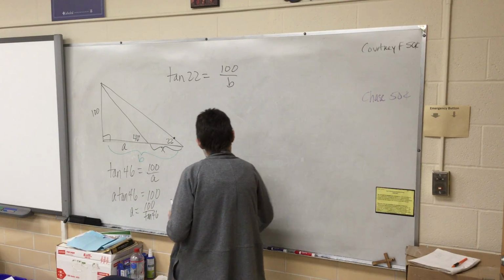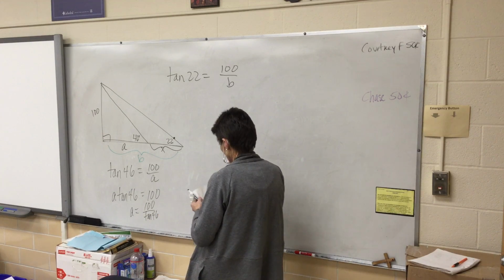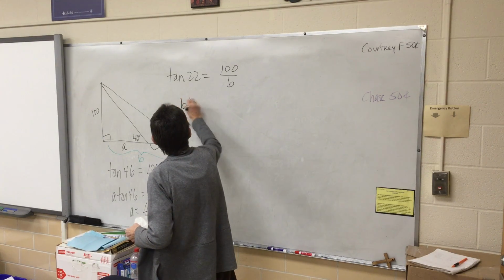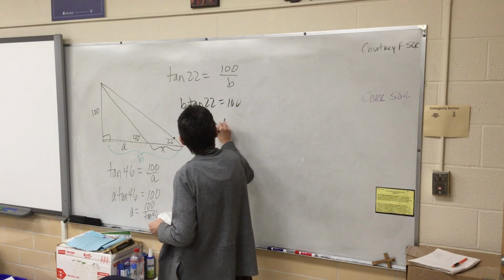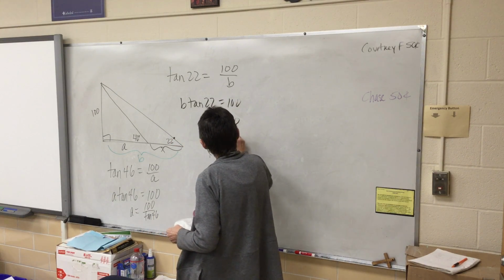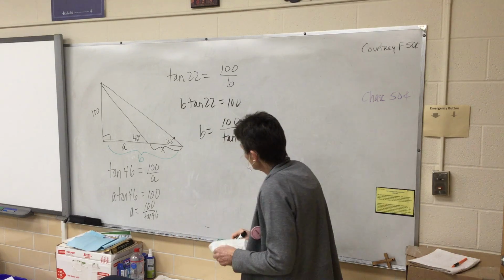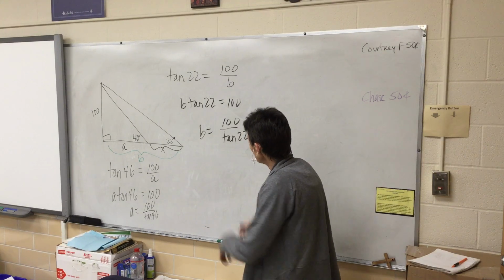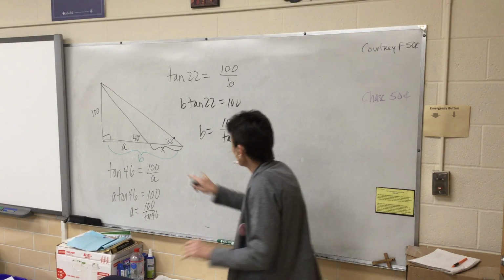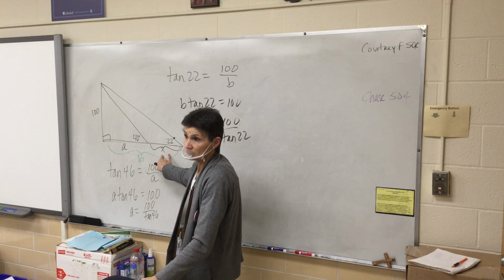So solving for B, B tan 22 equals 100. So B equals 100 over tan 22. So we could type A into our calculator and we could type B into our calculator. And how would we then get our answer?